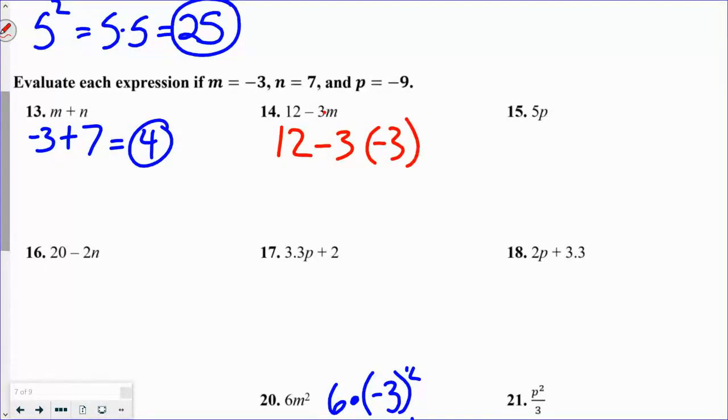Okay, if I was to add my opposite, this is a -3. Remember when we multiply a negative and a negative, negative, make it positive. So this is a +9. That means my answer is 21.